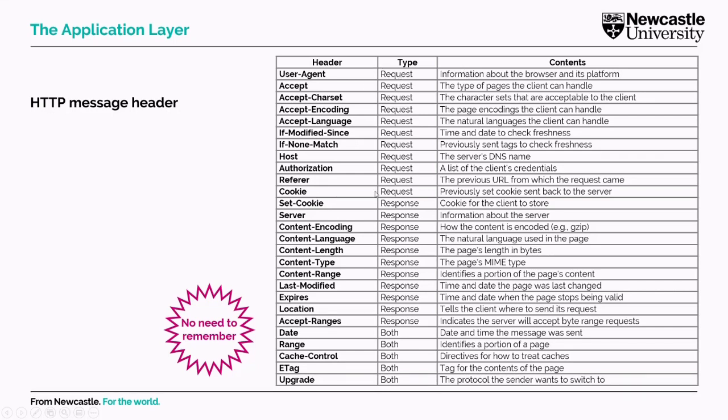And so here you have some examples of message headers you get for request type HTTP messages and for response type HTTP messages. Some examples are host, where you provide the server's DNS name, and the type of pages that the client can handle, so that's the accept field in the header.